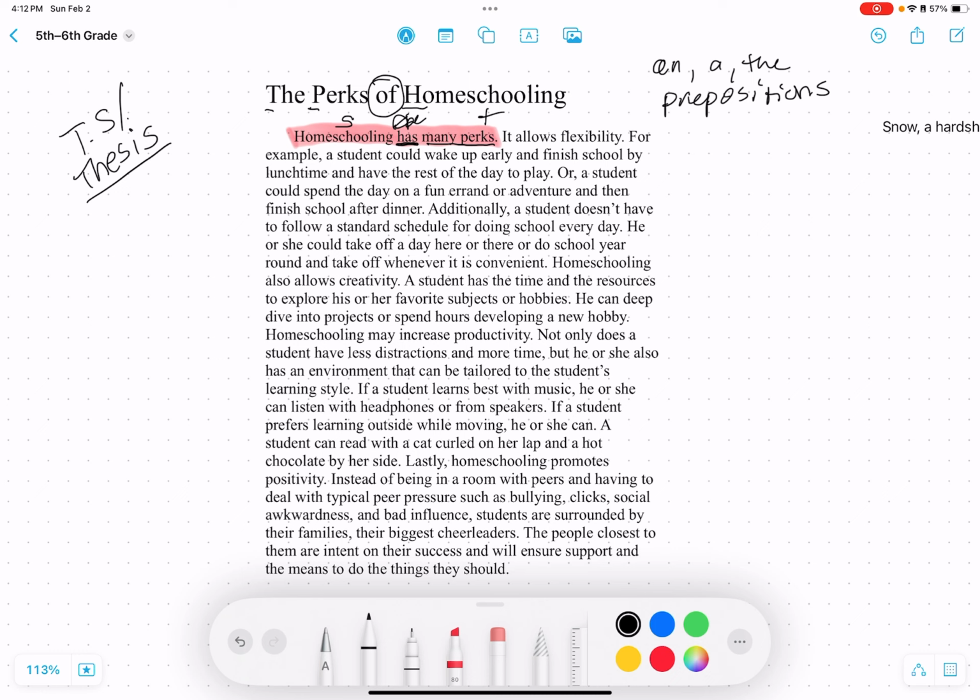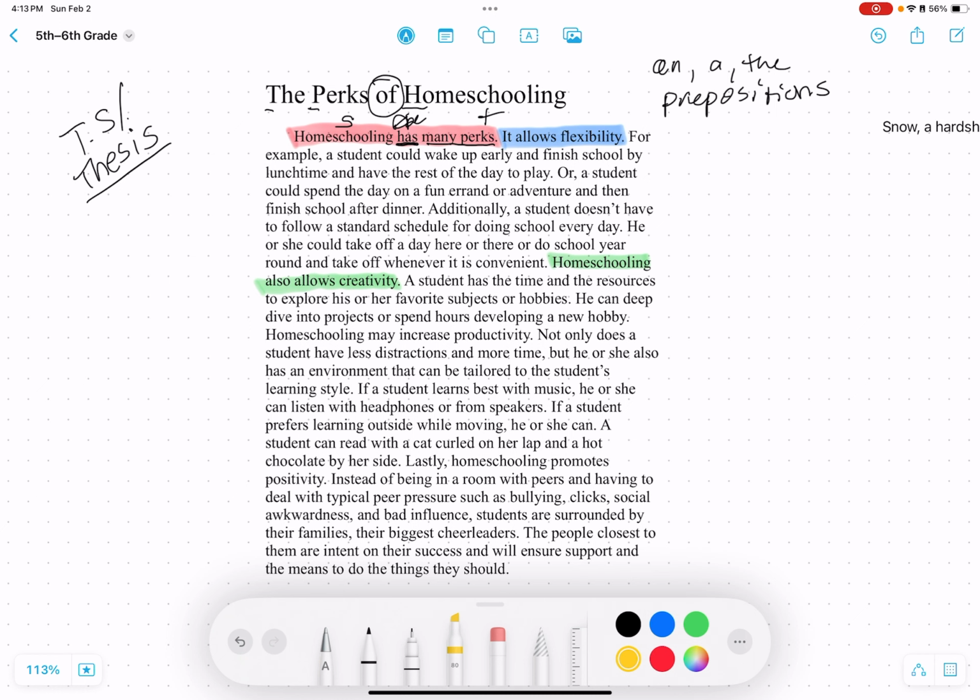Then I'm going to go through and I'm going to highlight all of my main points. Okay? I'm going to do it starting with blue. It allows flexibility. My next point is homeschooling also allows creativity.